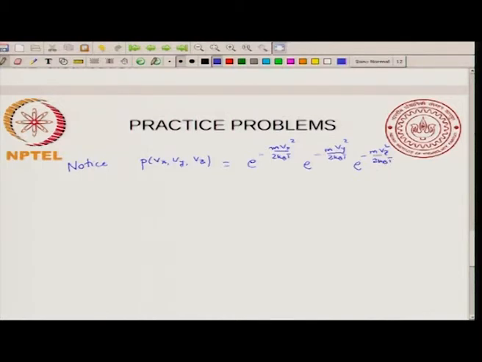So, what we realize is that this distribution factors into 3 distributions, one that depends only on Vx, another that depends only on Vy, and the third that depends only on Vz.